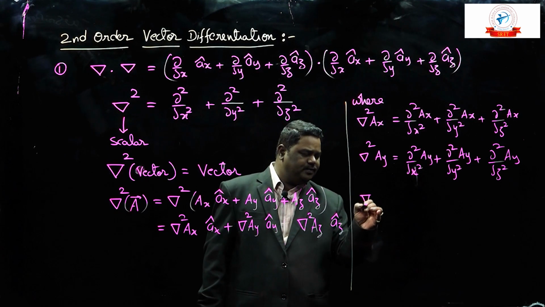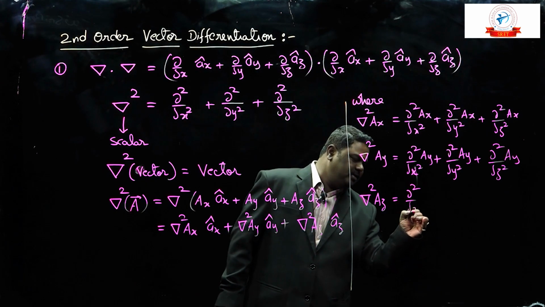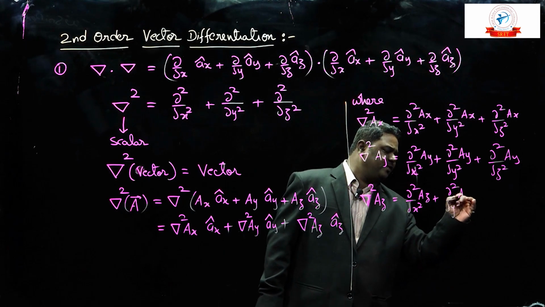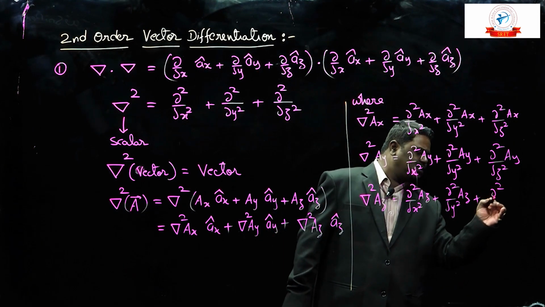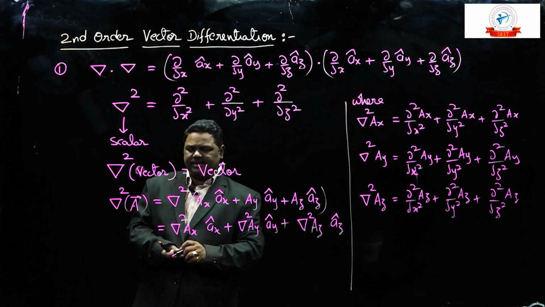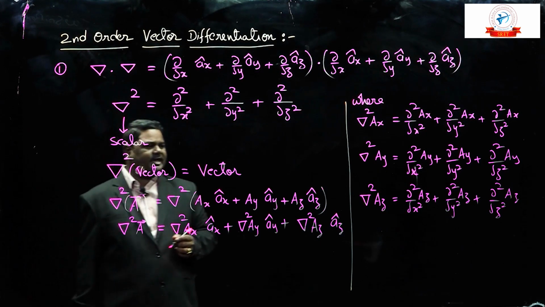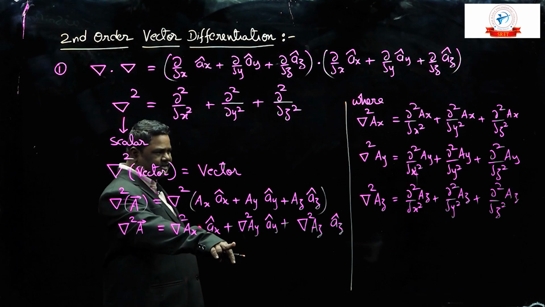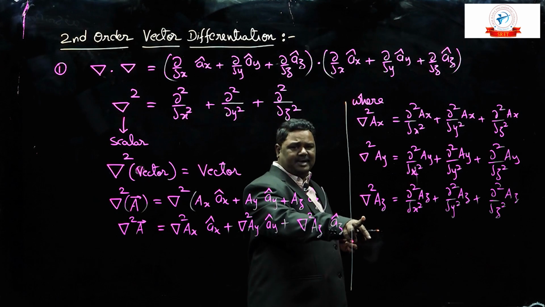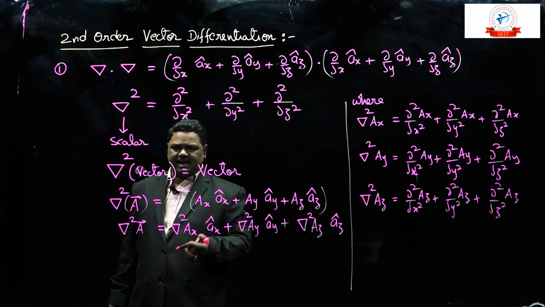Similarly, the Laplacian on az is dou square by dou x square of az plus dou square by dou y square of az plus dou square by dou z square of az. Combined, this is the expansion for the Laplacian on a vector A bar. Each term can be evaluated with the help of the Laplacian on a scalar field. This is how we can apply the Laplacian operation.